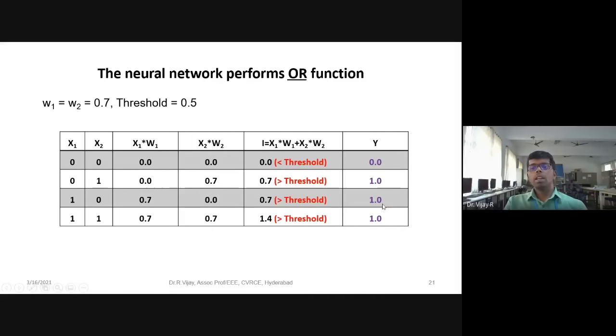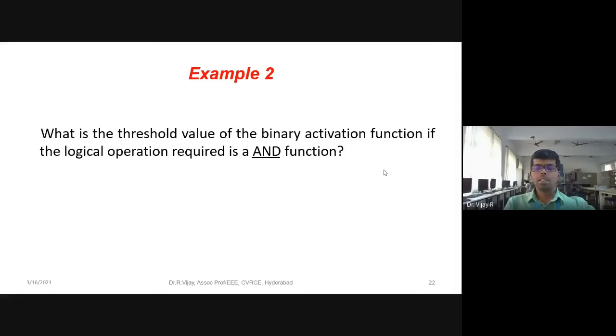Similarly, for 1.4, which is also greater than the threshold, I get the output as 1, whereas here I get 0, because it is less than the threshold value. Like that, there are many examples.